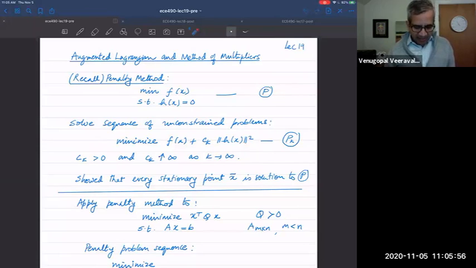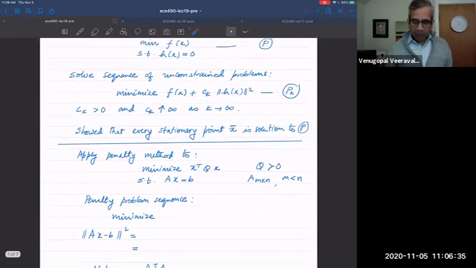Eventually, for large ck, the unconstrained problem has solutions close to the constrained problem. We showed that if you look at the sequence of solutions as k goes to infinity, then every stationary point that the sequence converges to is also a solution to the original optimization problem. That's what we showed in lecture 17.